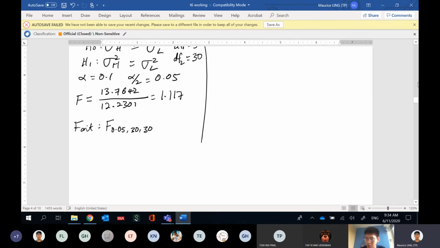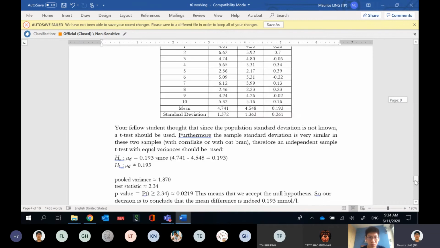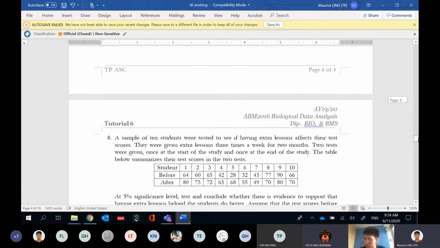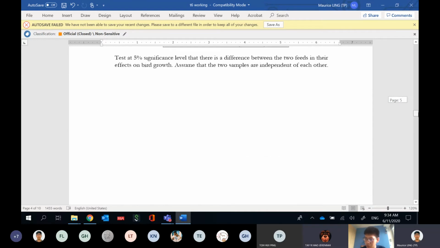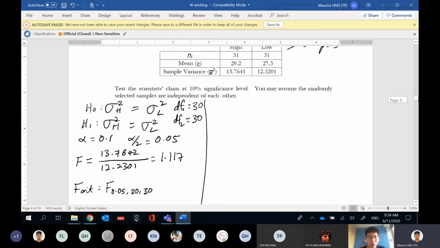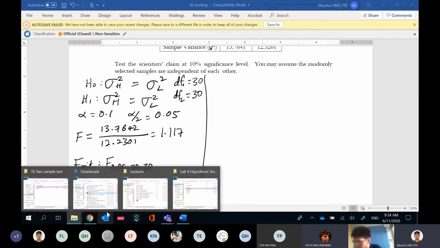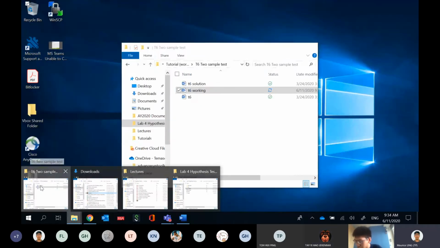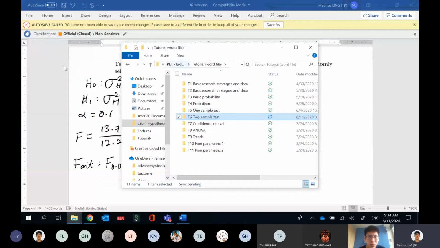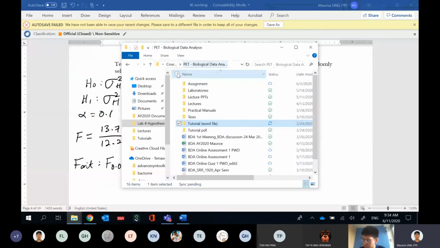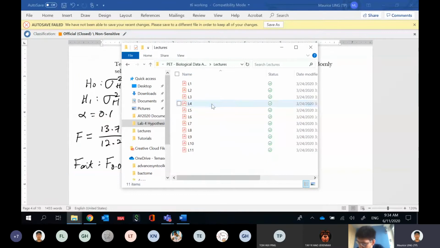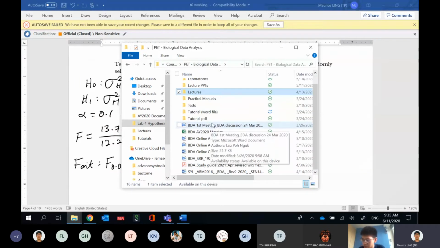Okay, do we have the table here? 0.05, 30, and 30 is 1.61. Let me just check. Where is this two samples test? Where are the tables?